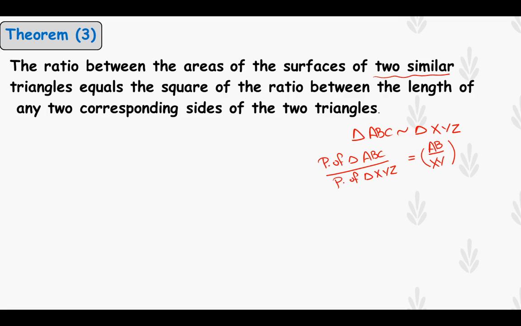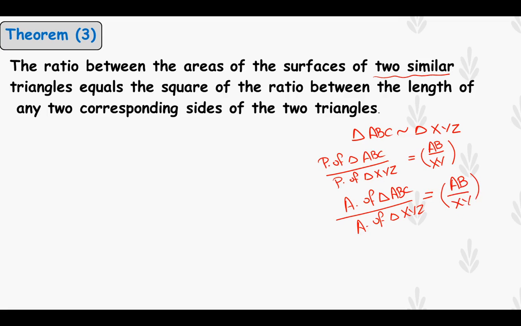But in this theorem, it tells you that the area of triangle ABC over the area of triangle XYZ, the ratio between the areas of two similar triangles or two similar polygons, equals the square of the ratio of any two corresponding sides.